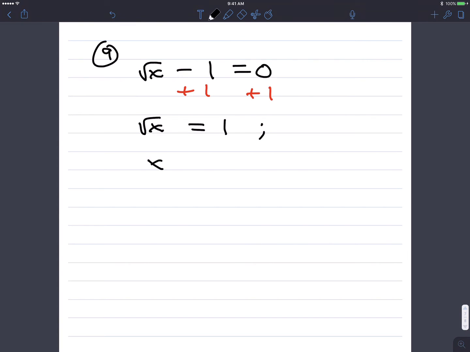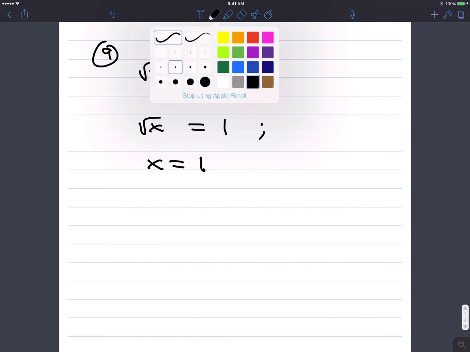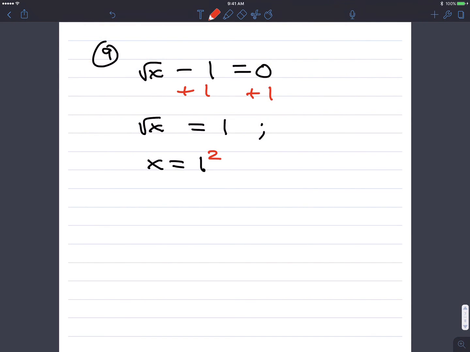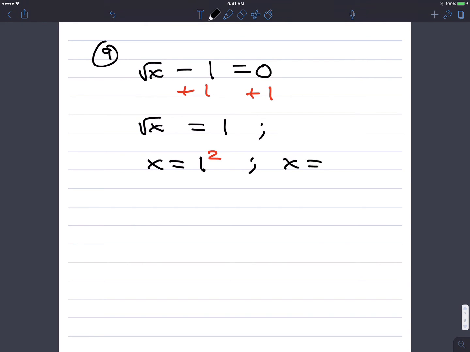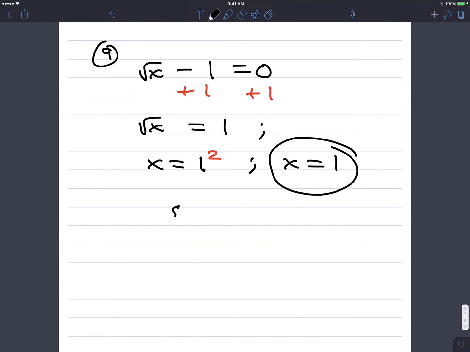This means x will be 1 squared. And we know what 1 squared is. x is 1. If we want to write it in solution set format, there we go.